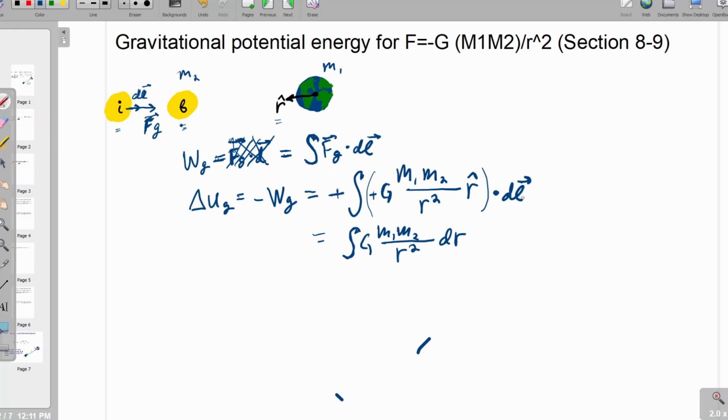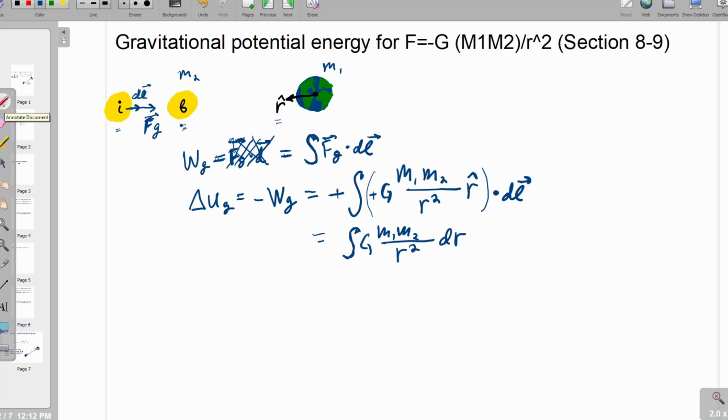So you can think of dl, the displacement element, as being some radial displacement element plus some tangential displacement element. And this dot product with the r hat direction would pick out just that radial displacement element. And the tangential displacement element would be completely irrelevant for this calculation.